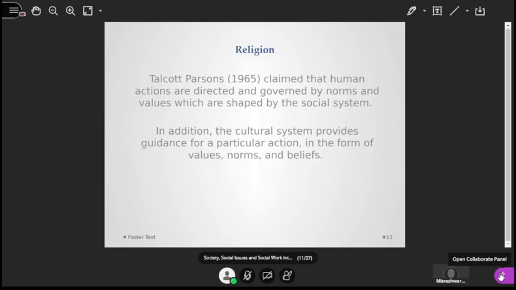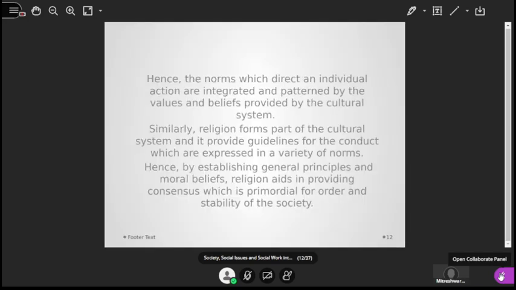Okay? So, religion now. Alors, Talcott Parsons claims that human actions are directed and governed by norms and values which are shaped by the social system. In addition, the cultural system provides guidance for a particular action in the form of values, norms, and beliefs. Hence, a norm which directs an individual action is integrated and patterned by the values and beliefs provided by the cultural system.